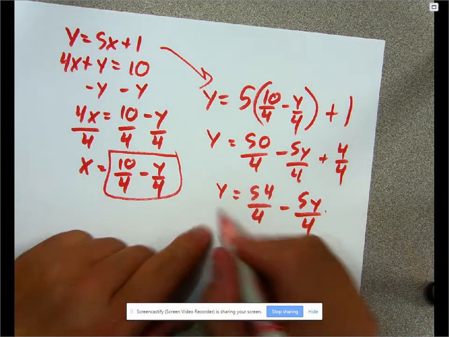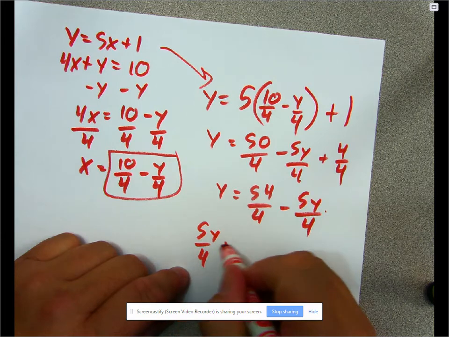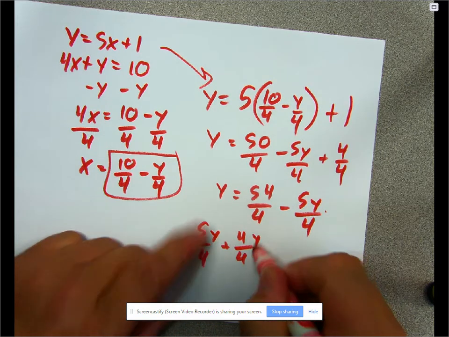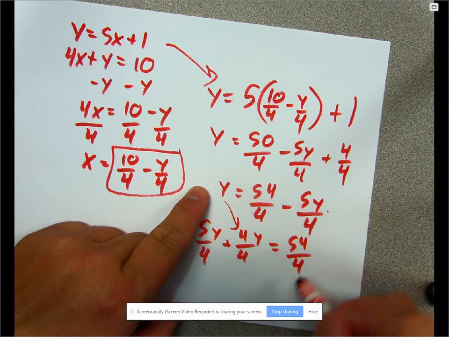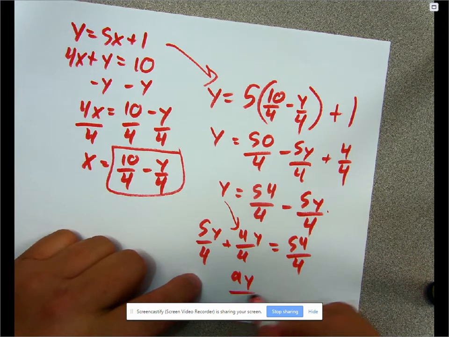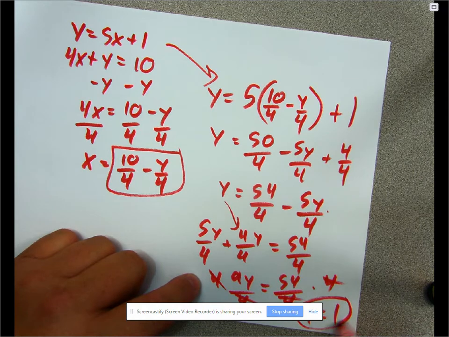And I need to add this across. I need to get common denominators, so I make that a common denominator. Multiply both sides by 4. They go away, and y equals 1. I'm sorry, y equals 6.